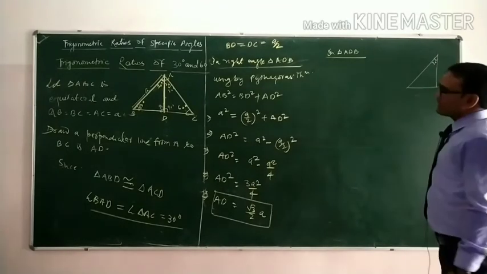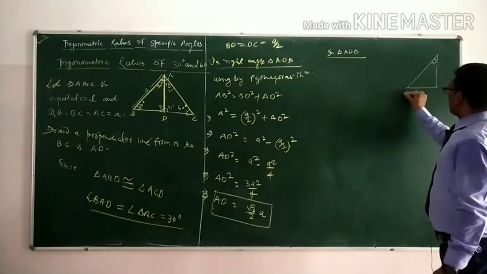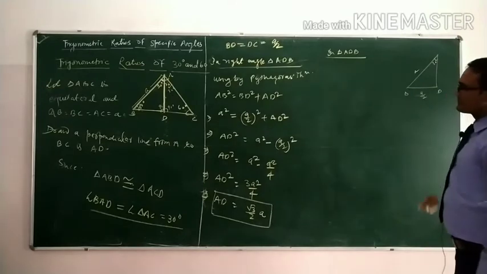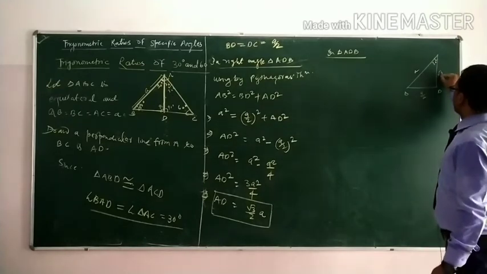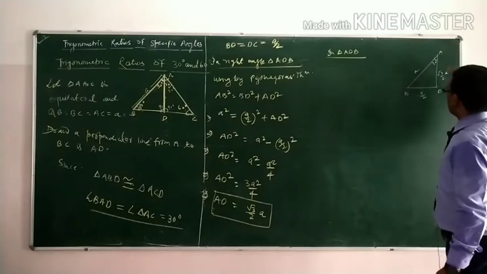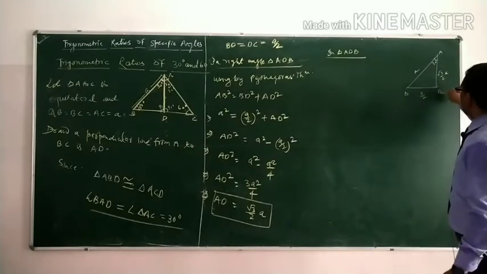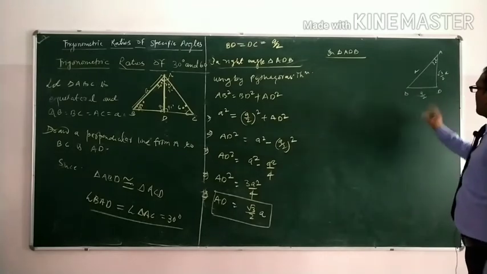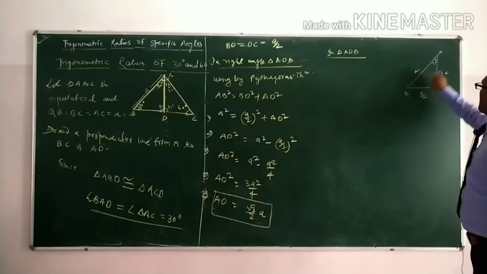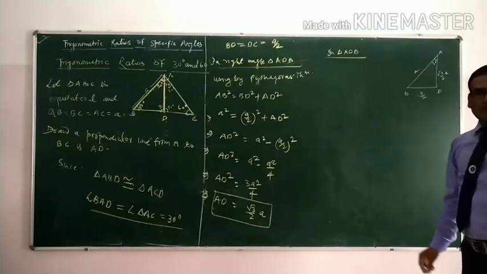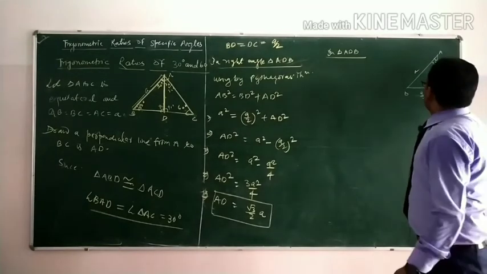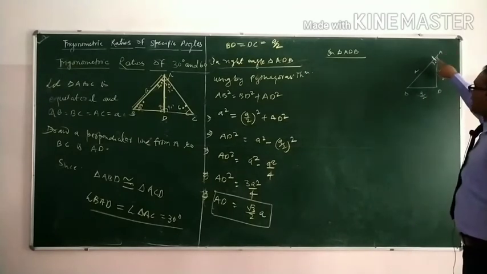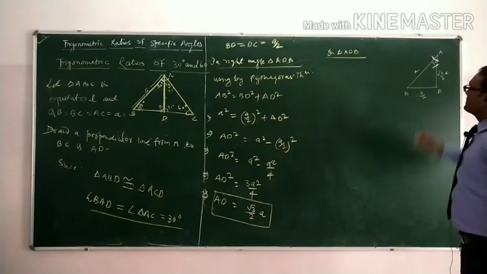This is 30 degrees, and BD is A by 2, AB is A, and AD is square root 3 by 2 A. Okay students, the value of AD is square root 3 by 2 A, the value of BD is A by 2 and the value of AB equal to A. Okay, we find the sine, cos, tan, cosec, sec and cot for 30 degrees.